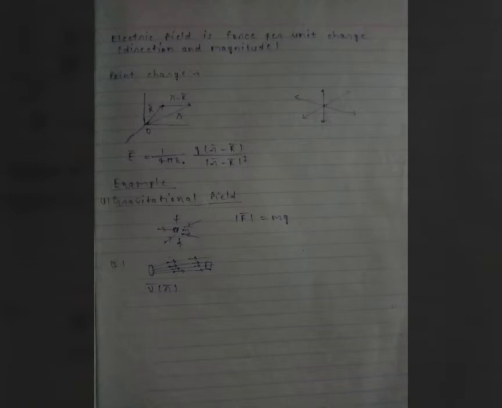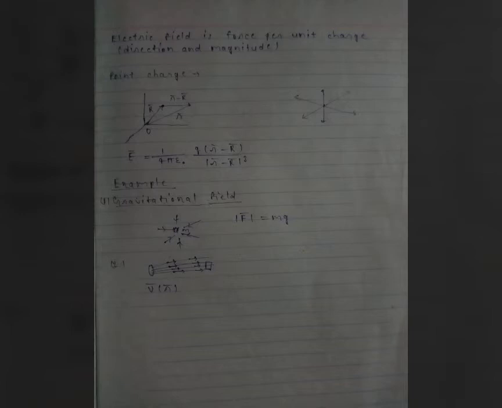For example, if I take a point charge let us say at some position vector r prime, then the electric field at some other position r is going to be E equals 1 over 4 pi epsilon 0.